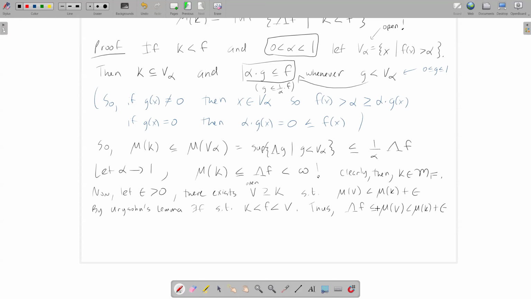So these mu V's are converging to the measure of K, which means these lambda f's have to be converging to the measure of K as well.